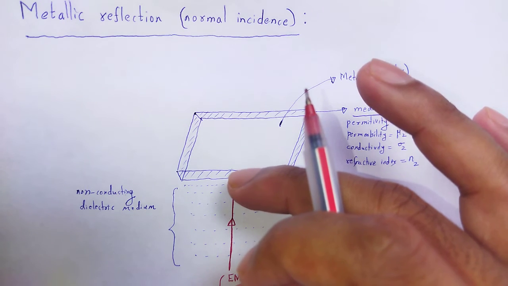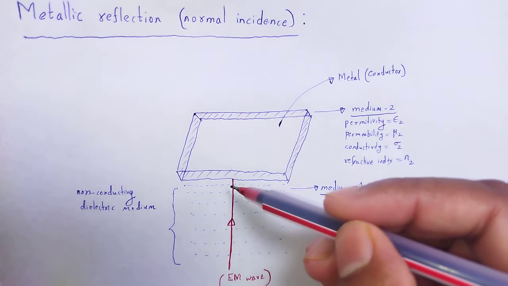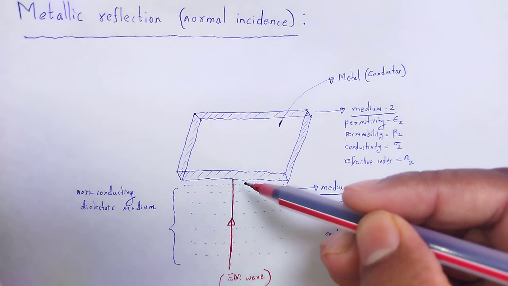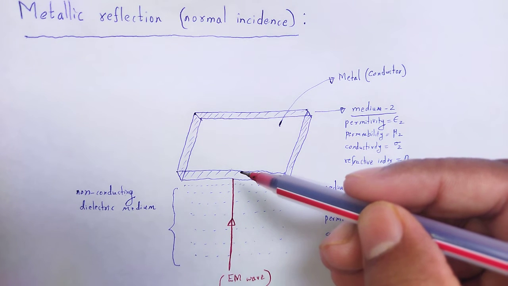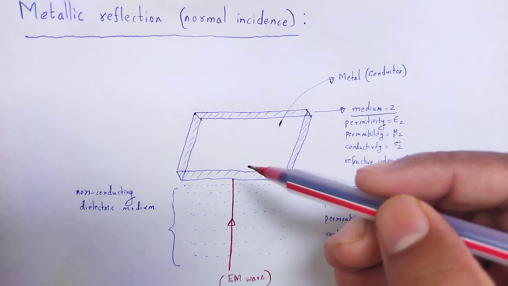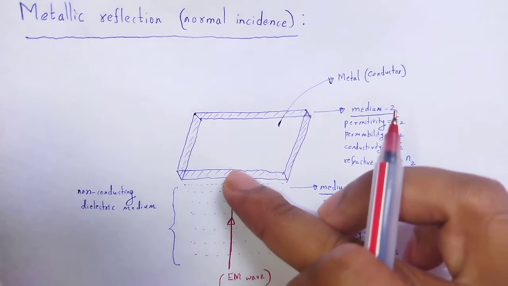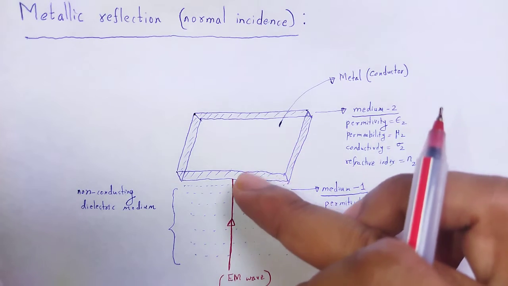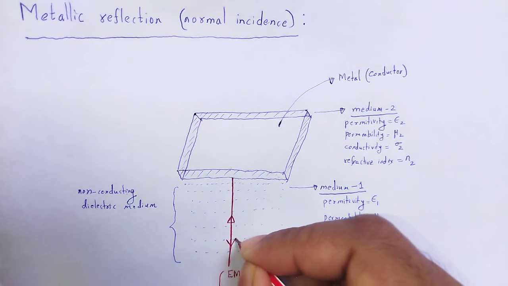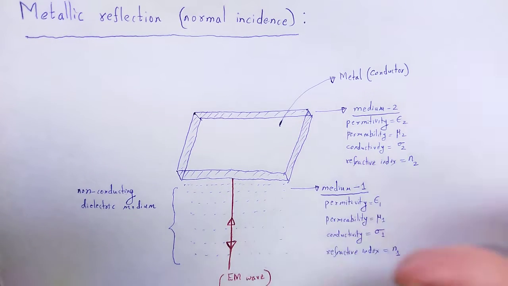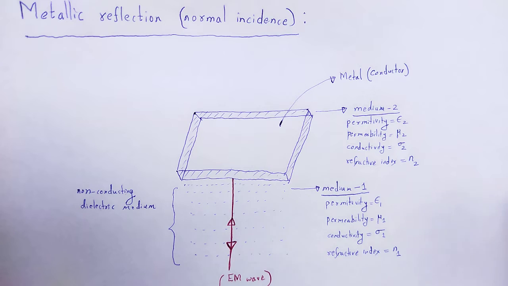For normal incidence, the angle of incidence, the angle of reflection and the angle of transmission are all 0 degrees, and the electromagnetic wave incident on that metal is reflected back. It can be shown mathematically.